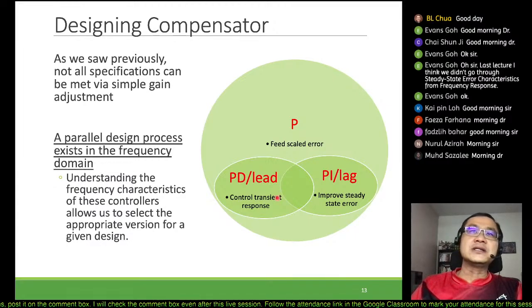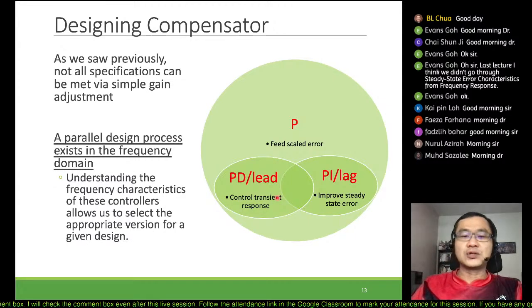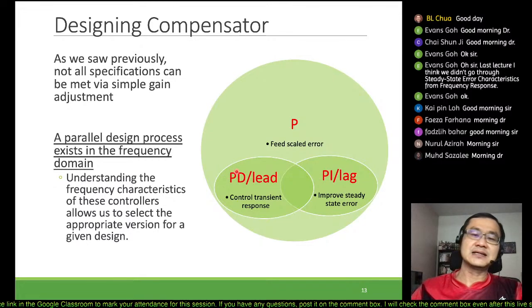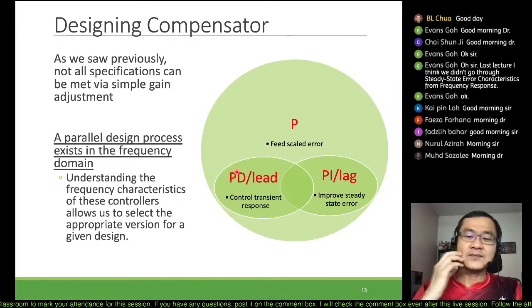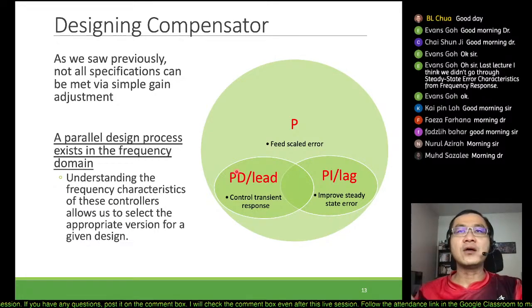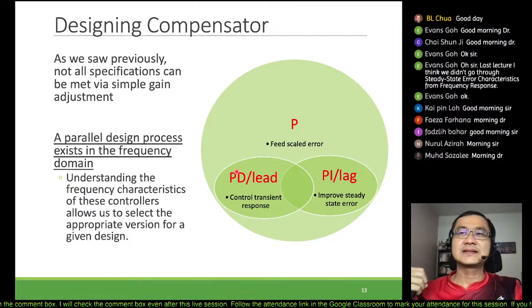So in this topic today, we will focus more on the lead and the lag. We will not discuss the PI and PD in these lessons. So we will try to formulate the compensator in the form of lead and lag transfer functions.